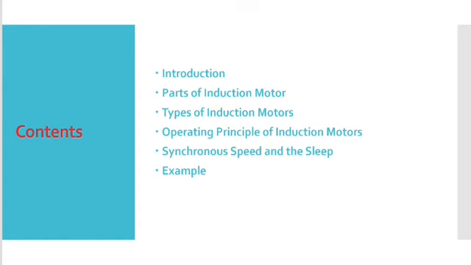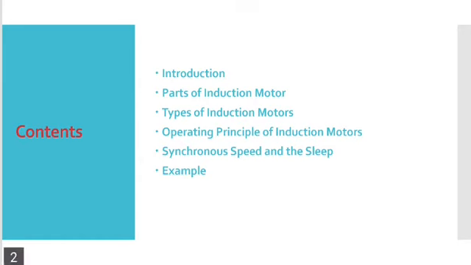Then we will see the principle of operation of induction motor, that means how it functions. Then next, what is the synchronous speed and slip. The synchronous speed and slip are very important terms for the three-phase induction motor. And then we will see one example related to the three-phase induction motor.